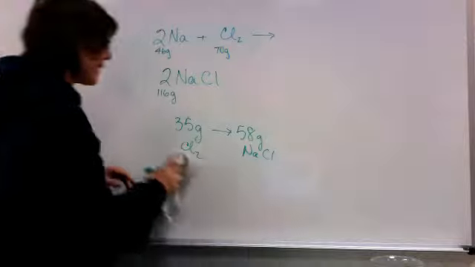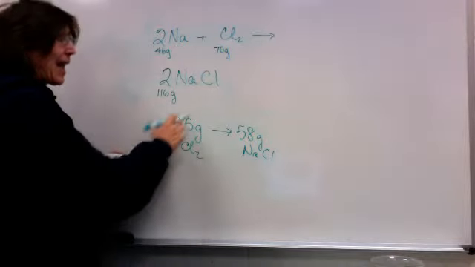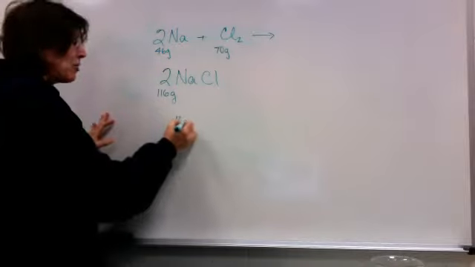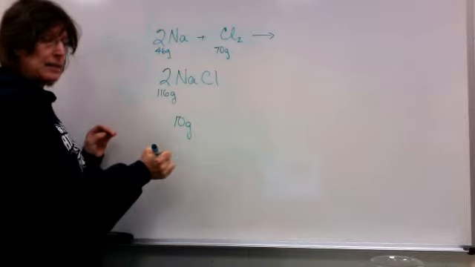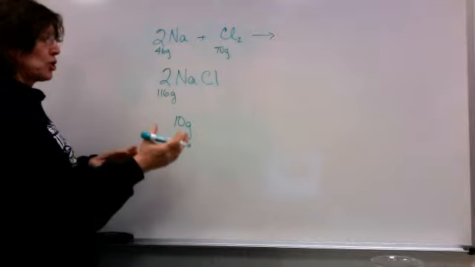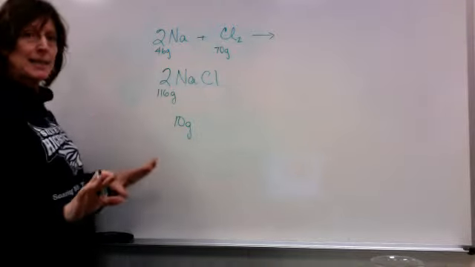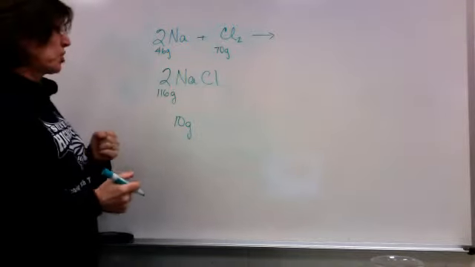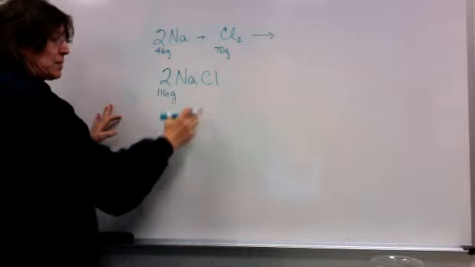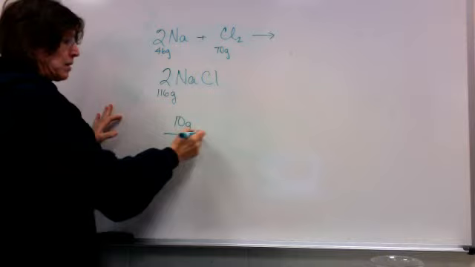Well, let's suppose that instead of having half as much, I have some awkward amount. Suppose I have 10 grams of chlorine gas, and I have plenty of sodium. I want to know how much sodium chloride I'd make. Well, now I need to make just a nice proportion. So I usually need 70 grams. I only have 10 grams.